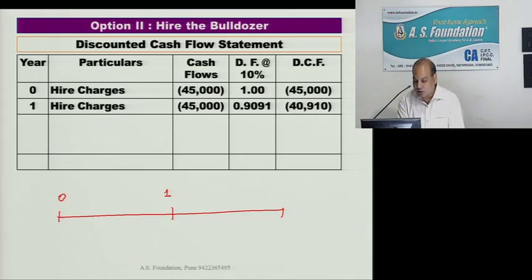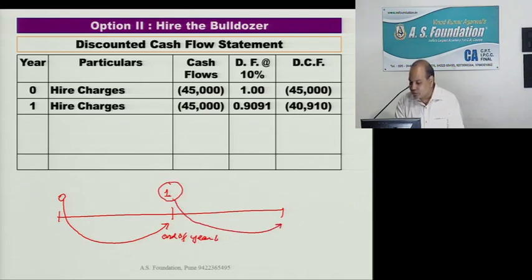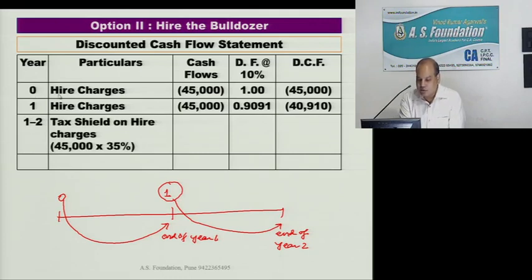Tax shield on year 0 hire charges will arise at the end of year 1, and tax shield on year 1 hire charges will arise at the end of year 2.